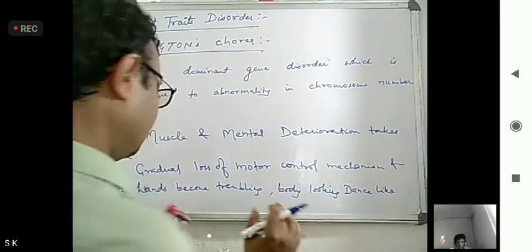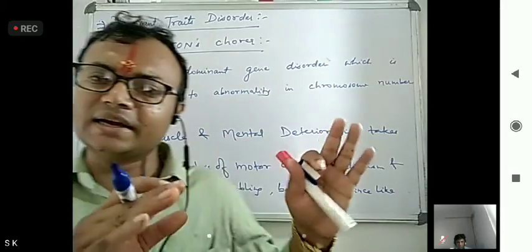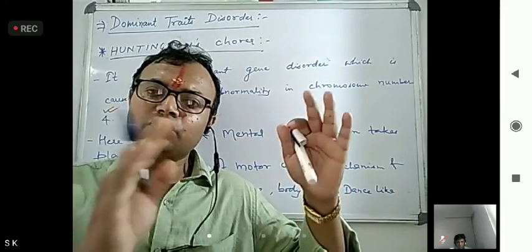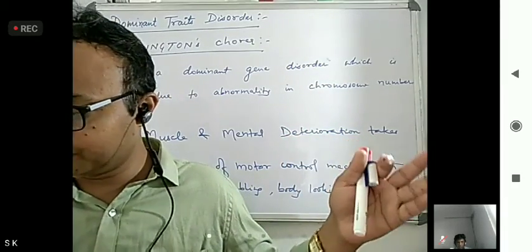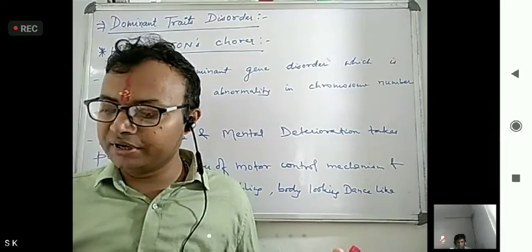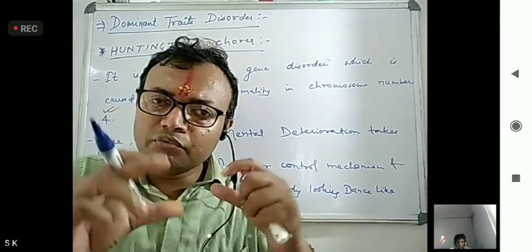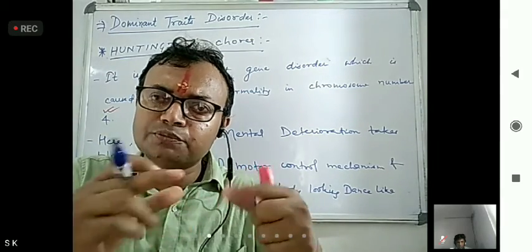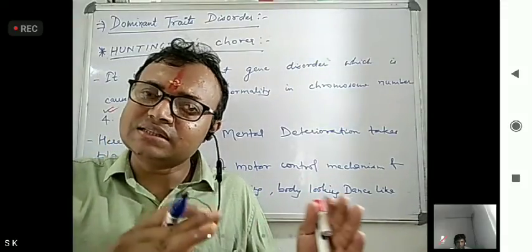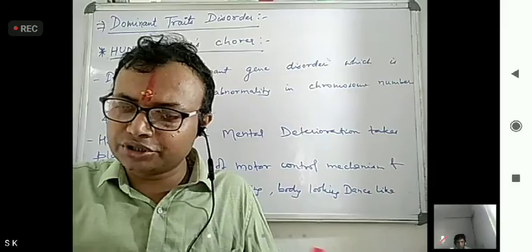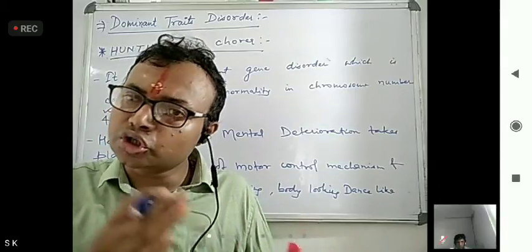Okay, so hands become trembling like that, and body always what happened, like vibrating. So that is what happens here, dance-like movement occurs. And while speaking, so that is a blurring speech, or what we can say slurred, so slurring of speech. And what happens, loss of memory.